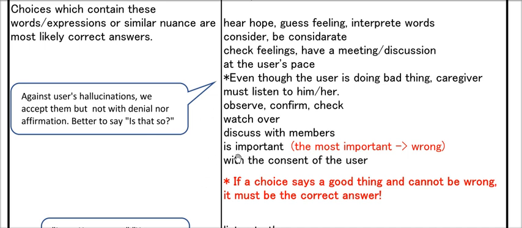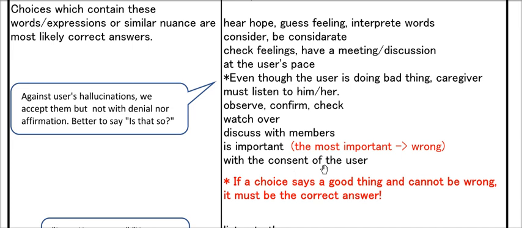Next. Discuss with members is important. These are very good. But be careful. The most important, in this case, wrong answer. The most important is wrong. Simply important, maybe correct answer.